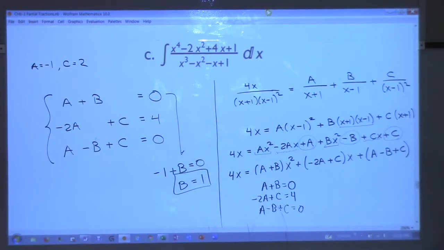Yes? I have a question. Yes. On a test, if we can figure out from the beginning that a plus b equals 0, and we only need b, do you need us to write the rest of the system of equations? On the test, I'm going to prefer that you are using your calculator to solve a system of equations. We just haven't gotten there yet.